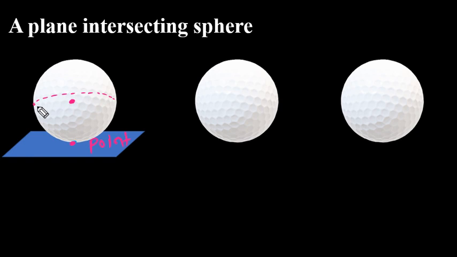But now if a plane intersects a sphere at some point other than the center, in this case it will intersect in a circle. So when this intersects, it will make a circle like this.